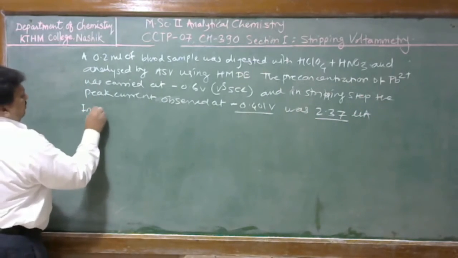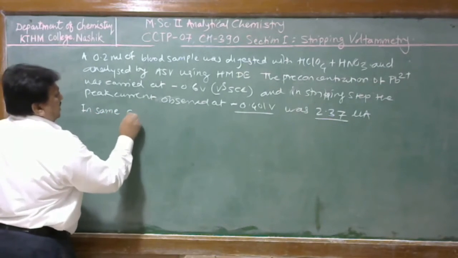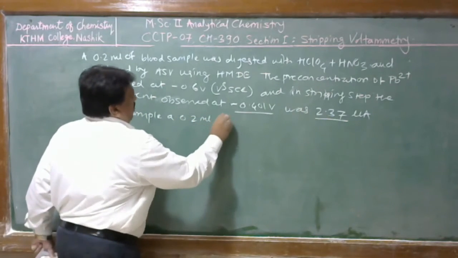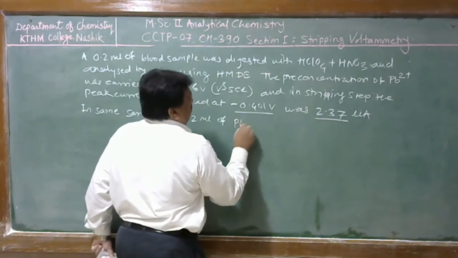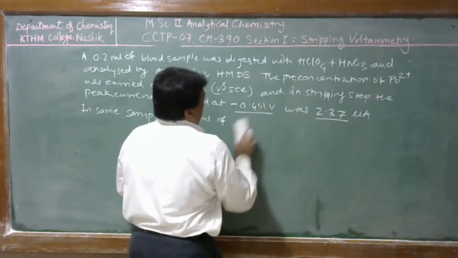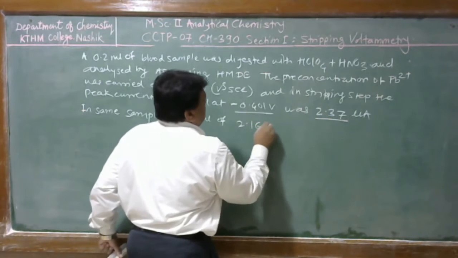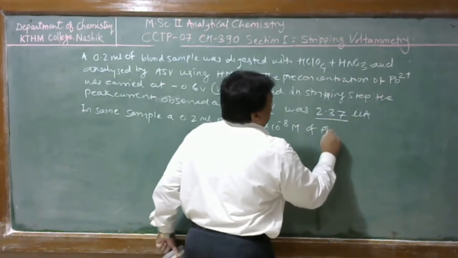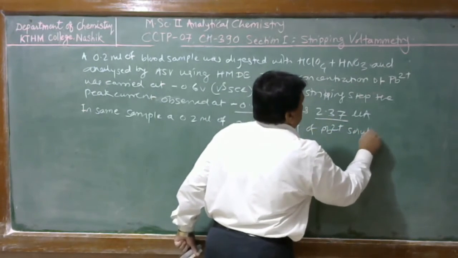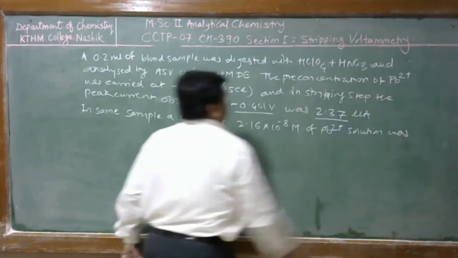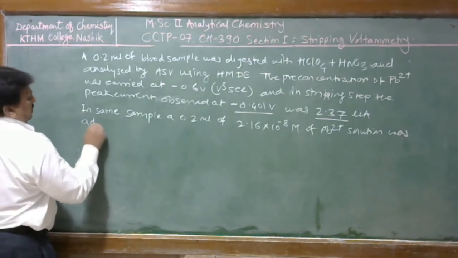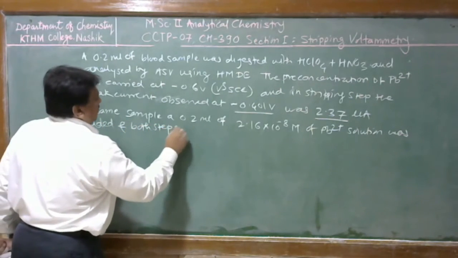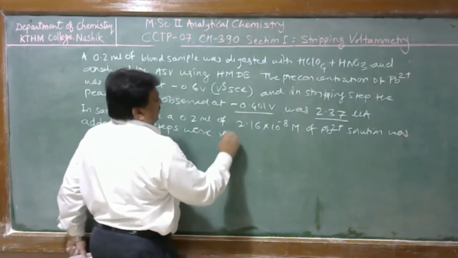In the same sample, 0.2 ml of 2.16 into 10 raised to minus 8 moles of Pb2+ solution was added and both steps were repeated.